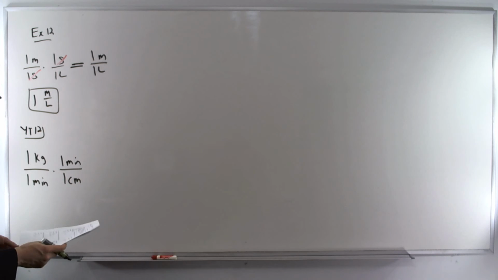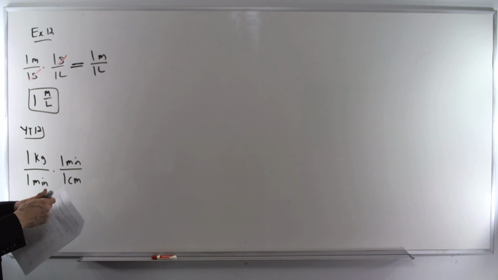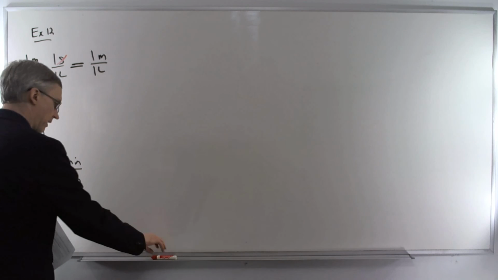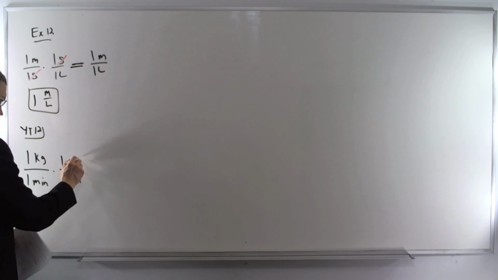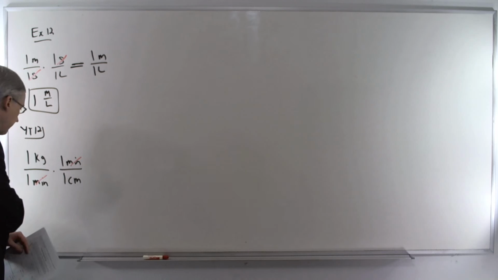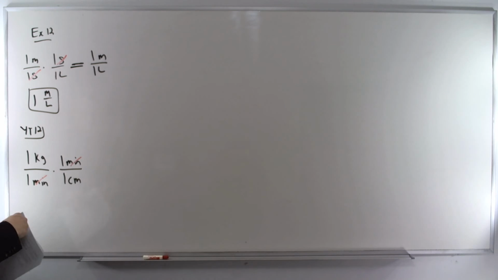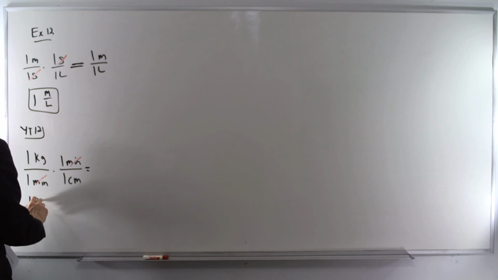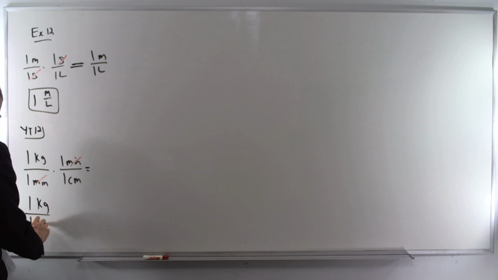One kilogram per minute times 1 minute per centimeter. Matching units are minutes. Those cancel. All right, now multiplying straight across, we got 1 times 1 kilogram, so that's 1 kilogram. And 1 times 1 centimeter, 1 centimeter.